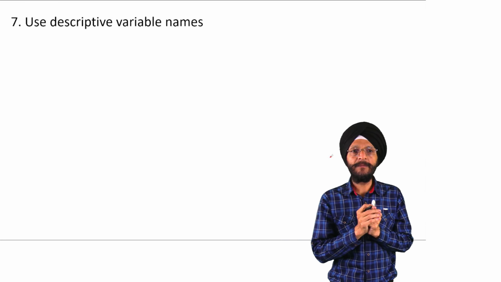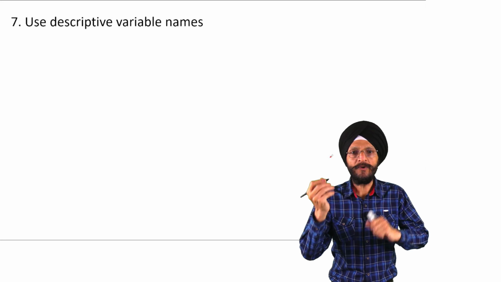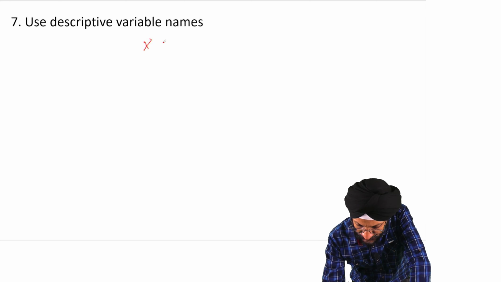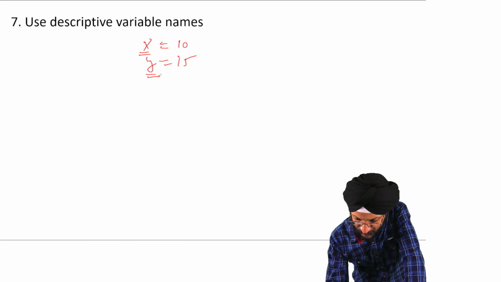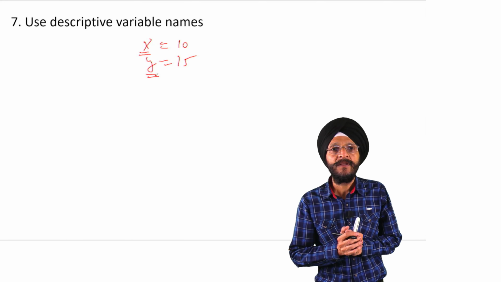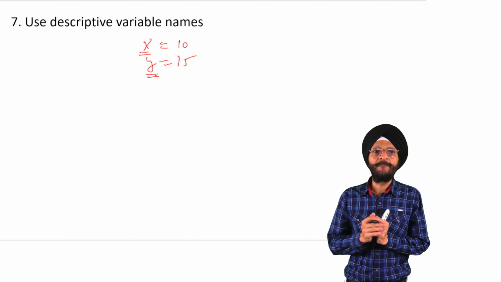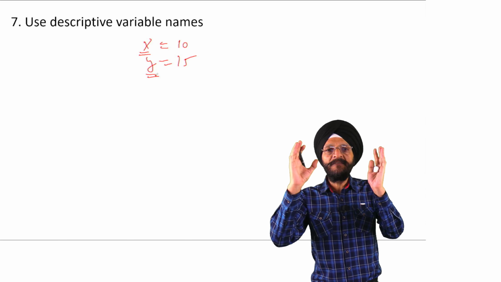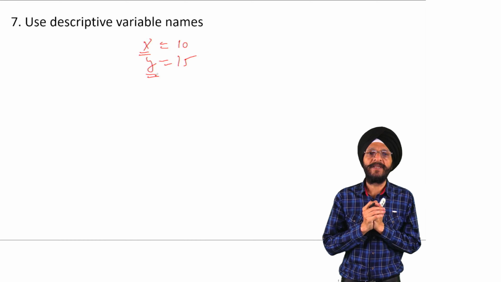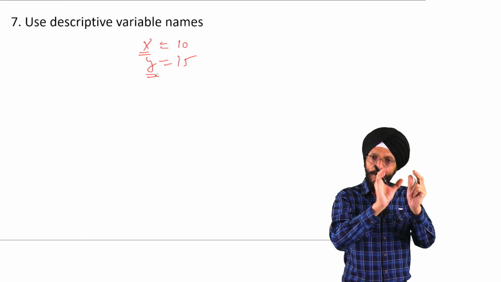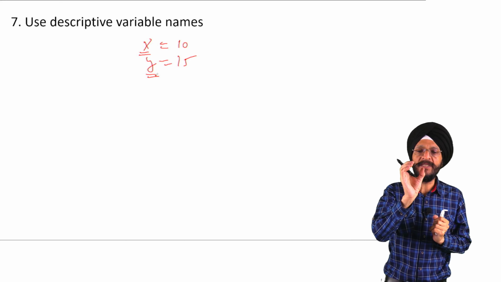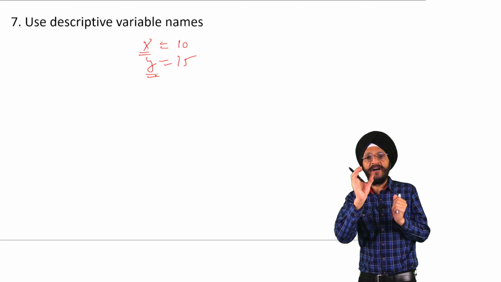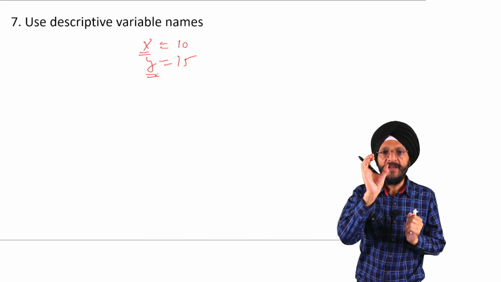Next is use descriptive variable names. While naming the variables, we can have short variable names such as x = 10, y = 15, in which x is a variable name and y is a variable name. But it is recommended to have descriptive and meaningful variable names. While creating variables, we should name the variables descriptively and meaningfully.